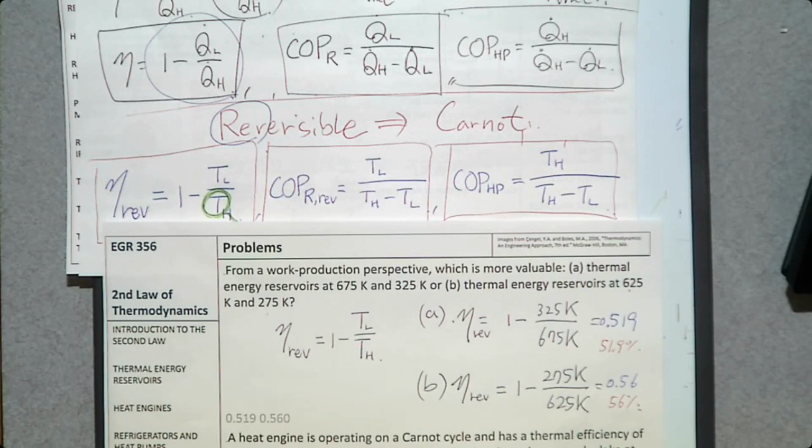So based on only the temperature information, building a power plant in the second location would give you higher efficiency because it has a higher potential.